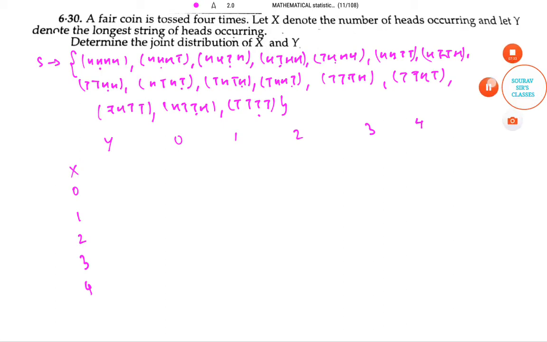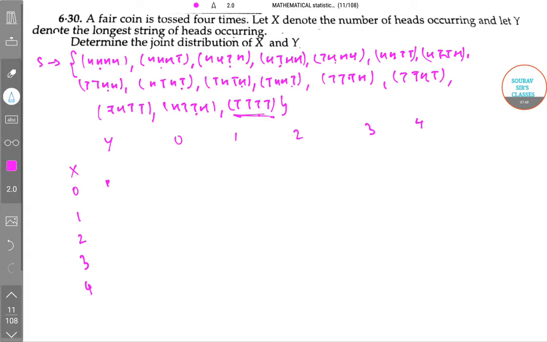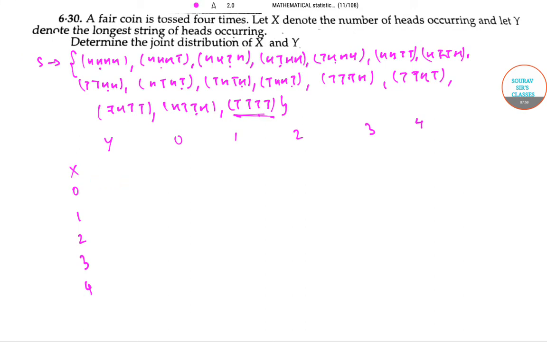Now, given number of heads is 0, the longest string of heads you will have is actually 0, and that is only possible for this case. So our probability for this is 1 by 16, and for the others it is 0, because as you have no heads, you can't have a string of 1, 2, 3 or 4 heads.